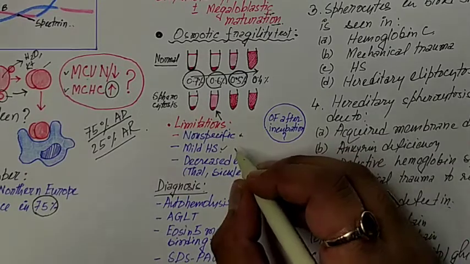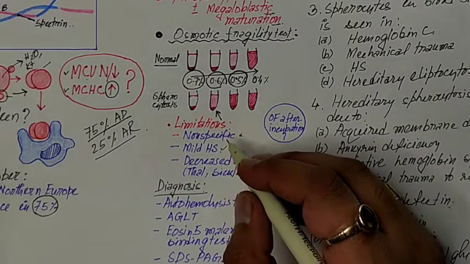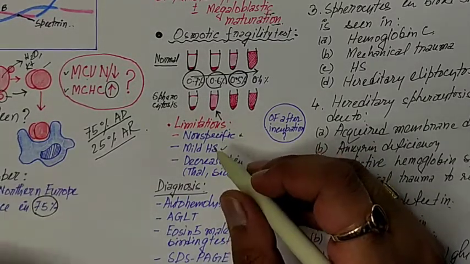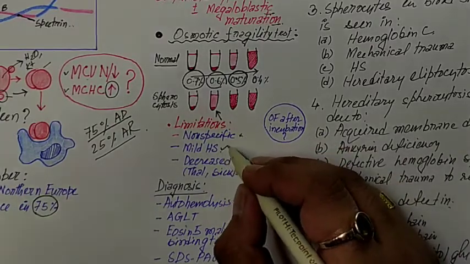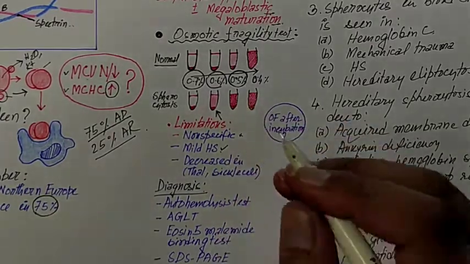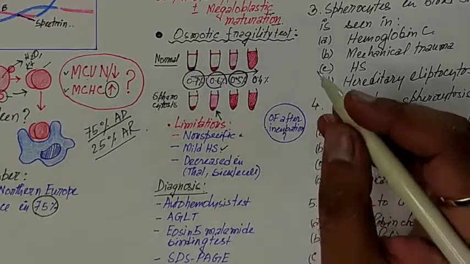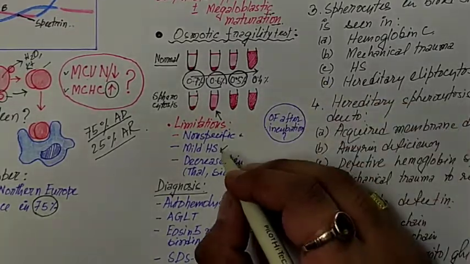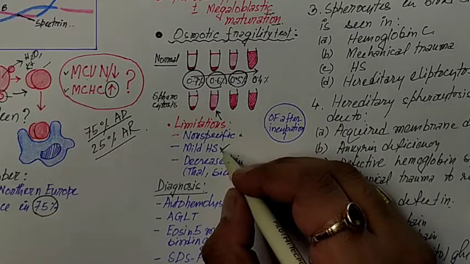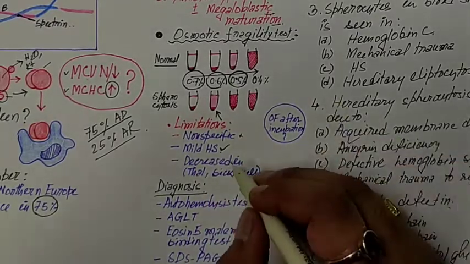Now the mild cases of hereditary spherocytosis. In the mild cases, because there are fewer spherocytes in the peripheral blood, there is less hemolysis, and sometimes it cannot be visualized at all. So it is negative in case of mild hereditary spherocytosis.